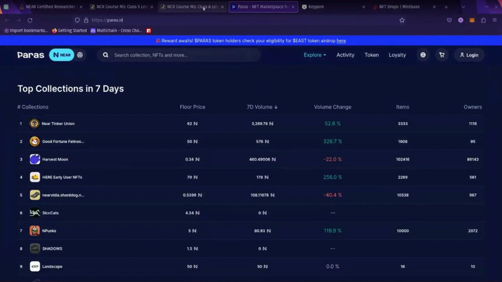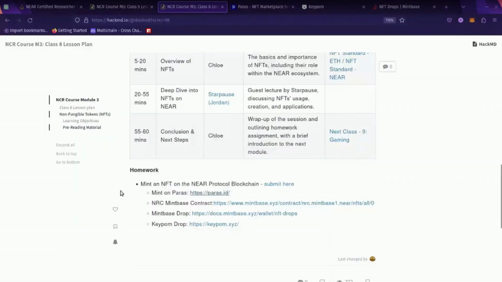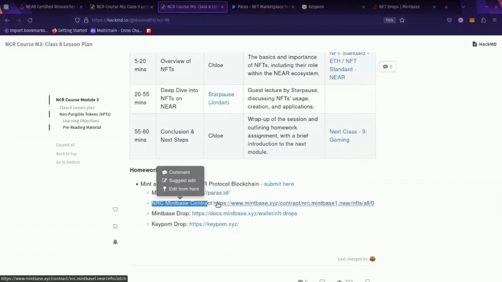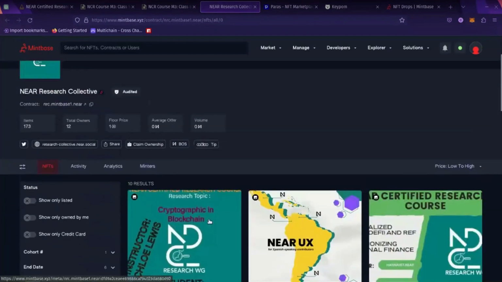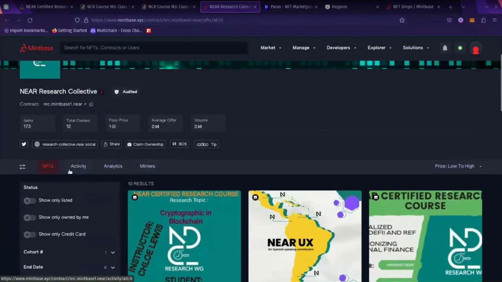And then probably the most complicated way to get started would be to mint directly on Mintbase, because you do need to have a contract or be added as a minter to someone else's contract, which can add extra friction for people. But for the end of this class, every student here is going to have to be added to the Minters tab.